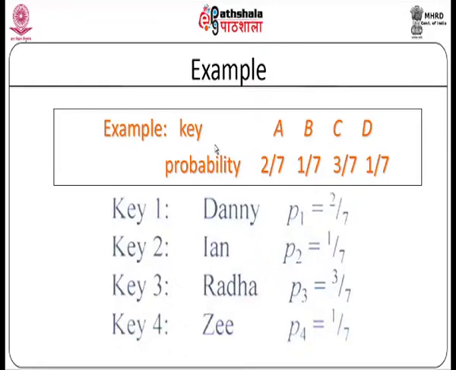Let us have 4 symbols: Danny, Ian, Radha and Z. Let us assume that these are the various keys 1, 2, 3, 4, that is A, B, C, D, and let us assume that these are the various probabilities associated with all these keys. The question is very simple: given these 4 keys, how to construct the optimal BST for this particular problem.